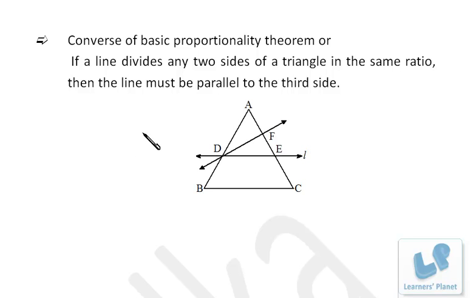I just write it over here. AD by DB is equal to AE by EC. Okay. Now what I have to prove? I have to prove that DE is parallel to BC.